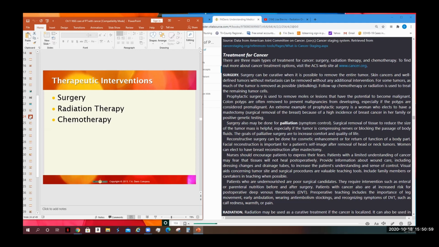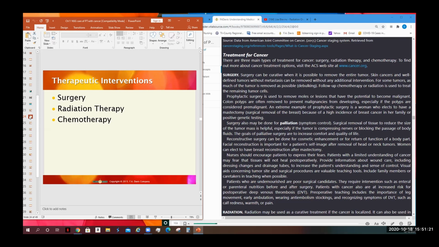Skin cancers and well-defined tumors without metastasis can be removed without any additional intervention. For some tumors, as much of the tumor is removed as possible. Debulking. Follow-up chemotherapy or radiation is used to treat the remaining tumor cells.